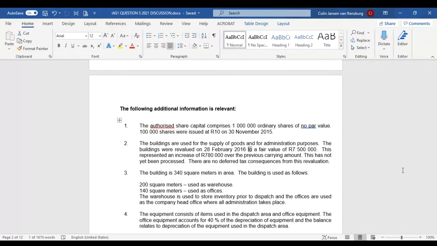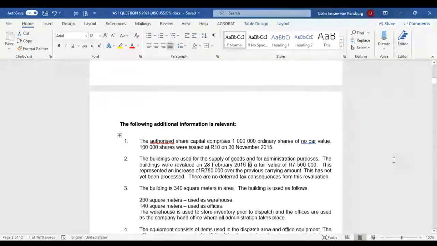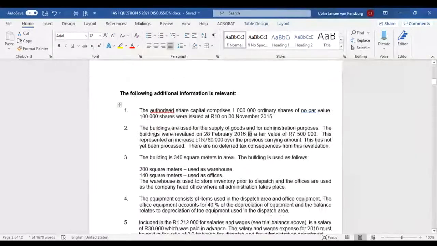So after the revaluation, the amount that will appear in your trial balance, and in your statement of financial position as part of your property, plant and equipment, will be 7.5 million, right? So it was revalued to 7.5 million. And then they said this represented an increase of 780,000 rands over the previous carrying amount.